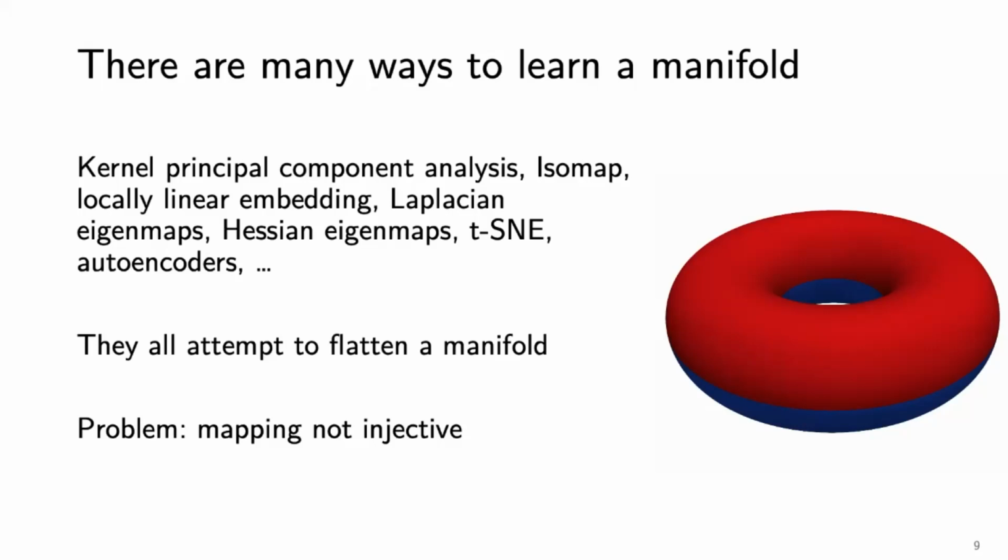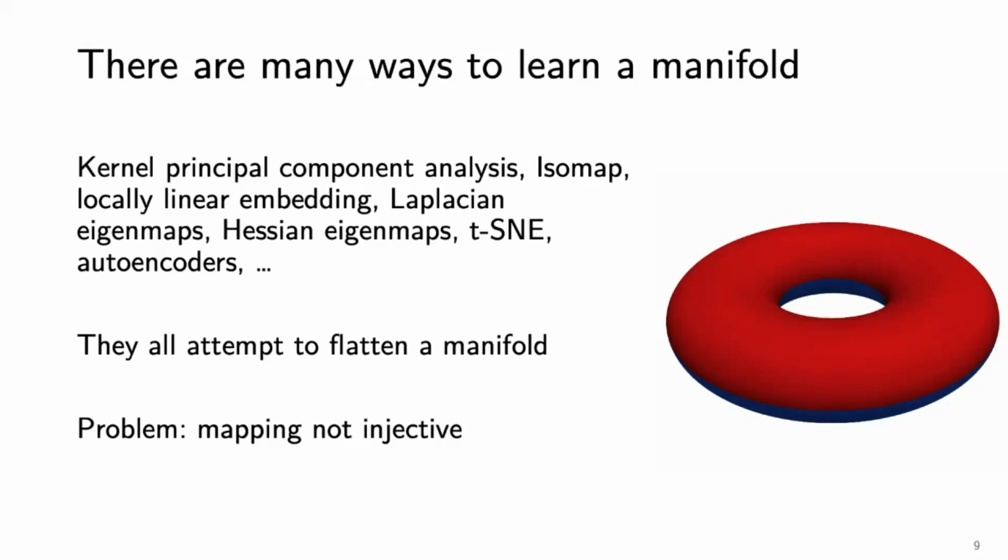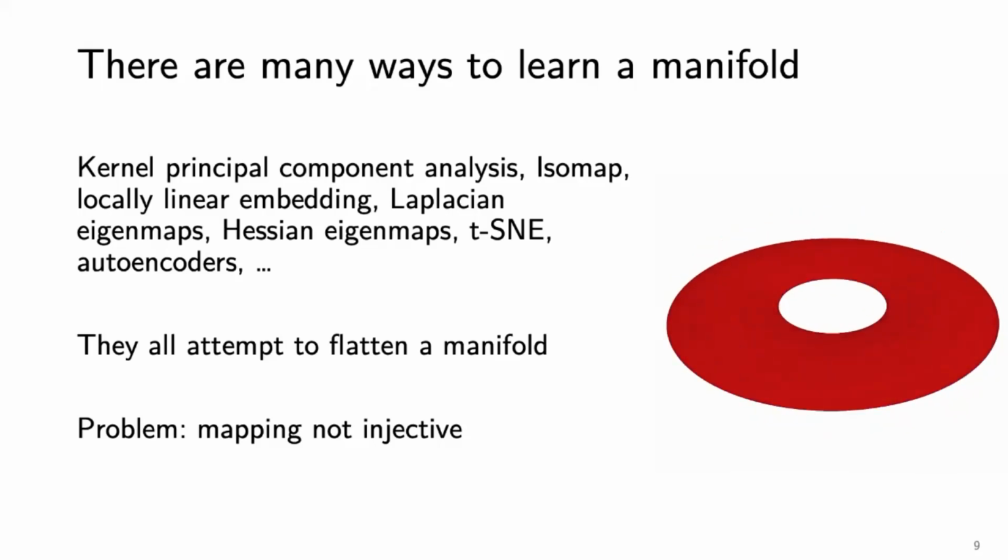So let's say we try to squish it vertically, then what happens is that the blue and the red surfaces are now on top of each other. They coincide. And this means that the mapping is non-injective. And what it means is that we cannot recover the torus from the annulus. So now that it's flattened, we can't actually differentiate the blue from the red since they're at the exact same points.